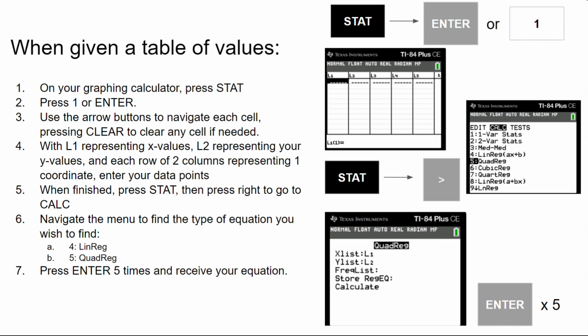Usually you want to use either linreg, which is the fourth option, or quadratic, which is the fifth option, which, as you may guess, essentially takes your table of values and makes a linear and quadratic equation respectively. And then once you do that, you go into this screen. If you press quadratic, you gotta press enter 5 times in order for it to calculate. So again, I'm gonna have an example so that you can better see this process.